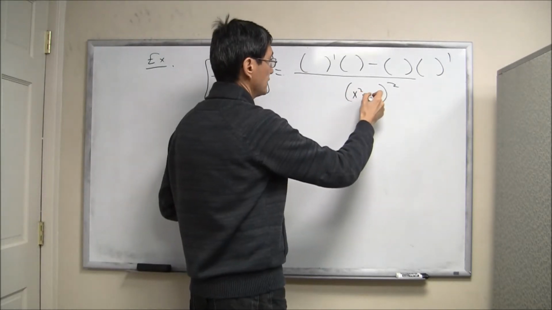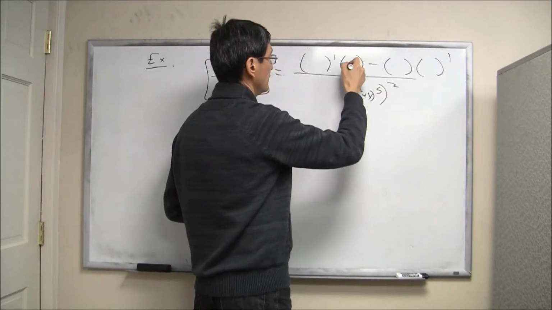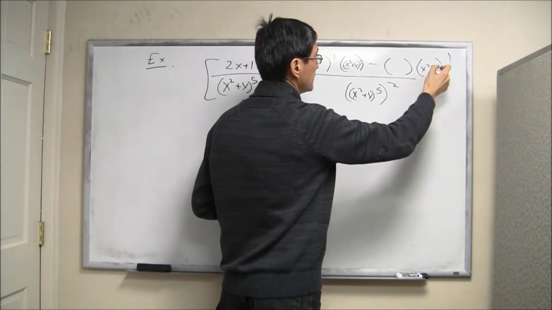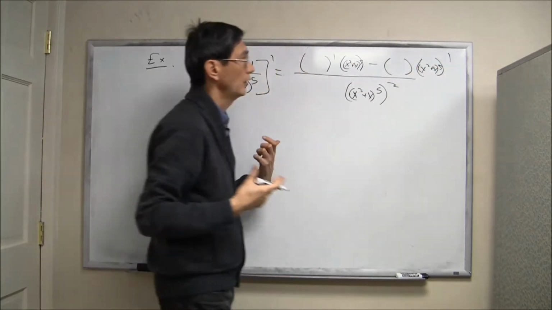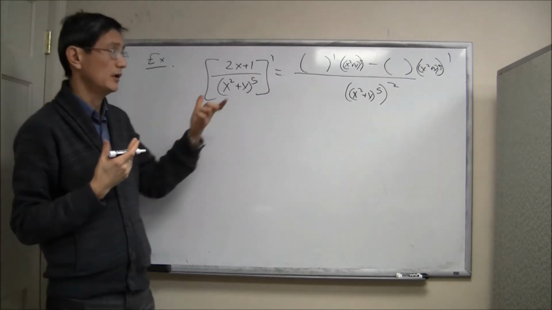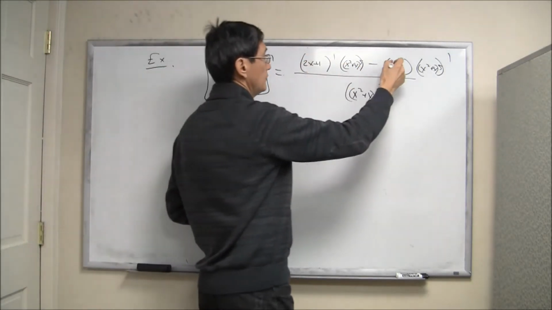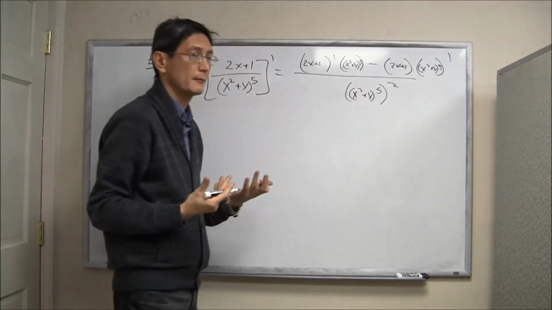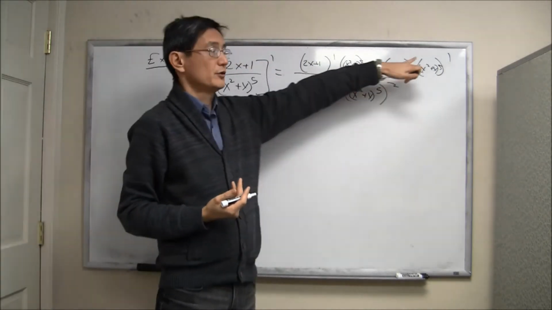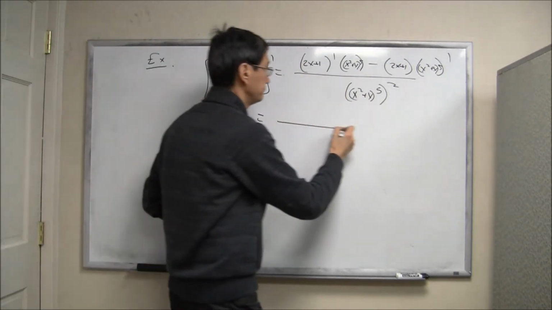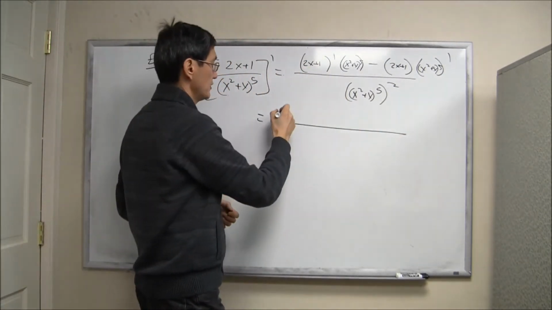I'm plugging in my denominator, x squared plus x to the fifth, and now the numerator, 2x plus 1. Now we'll have to take derivatives according to what my quotient rule says. The derivative of 2x plus 1 is not difficult.